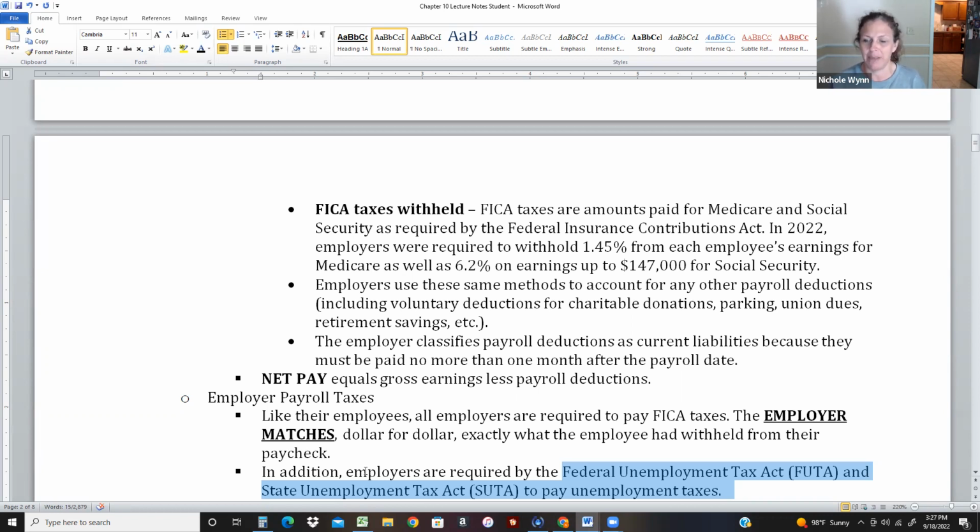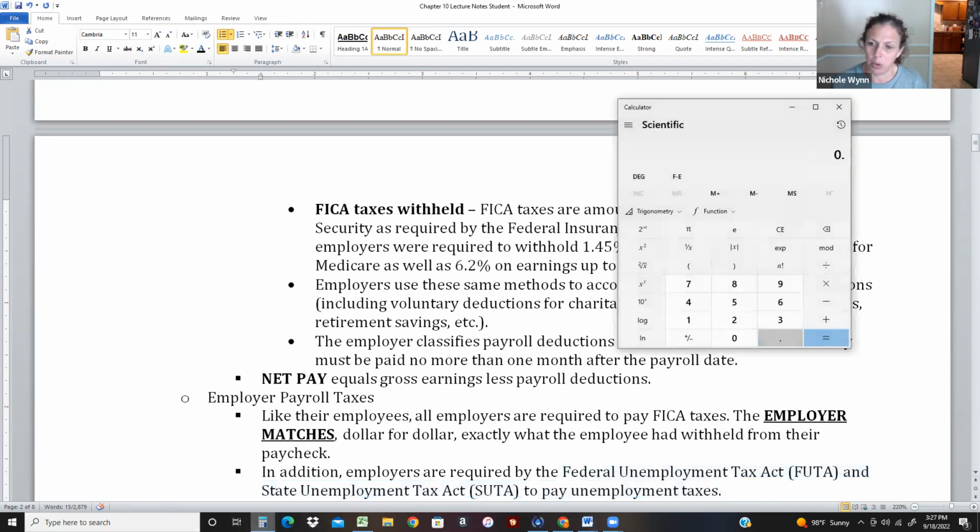So it's a federal level number, and the number for everyone is 0.008 in your calculator. It's 0.8%. So it's not 80%, because if you take 0.8, that's 80%, but it's 0.008 on your first $7,000 of each of your employees' earnings. So Friends University has to write a check to the government because I'm an employee for the first $7,000 I earn, so that it costs them $56 a year for FUTA for me.